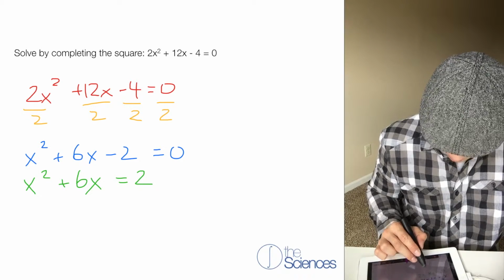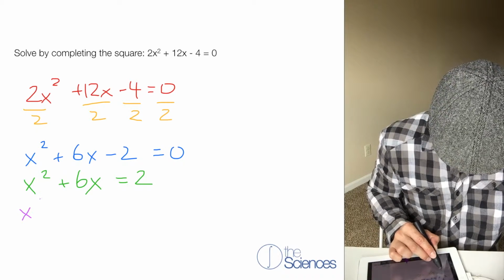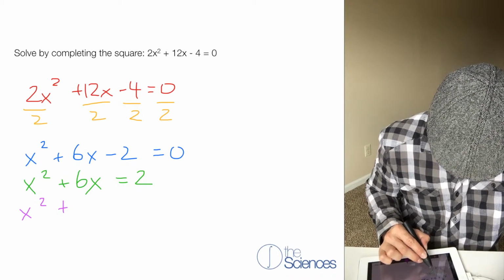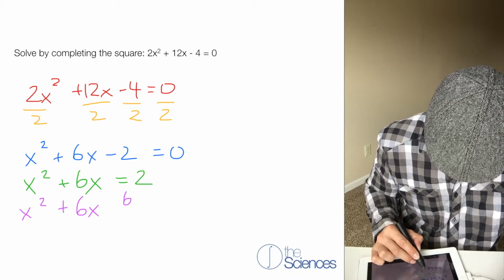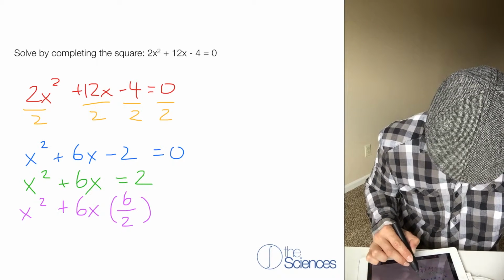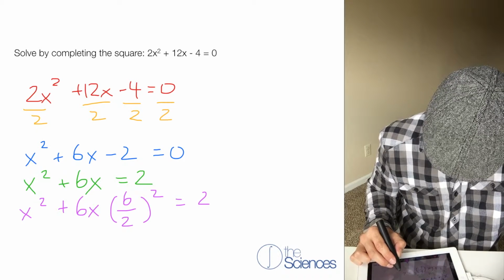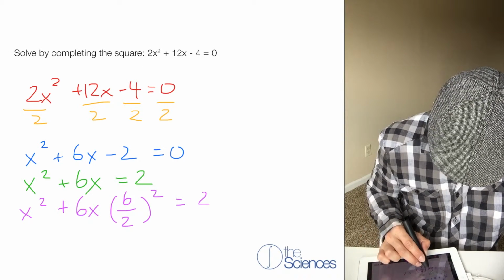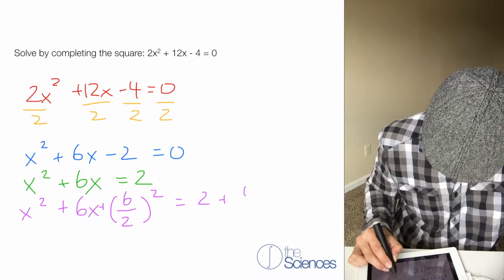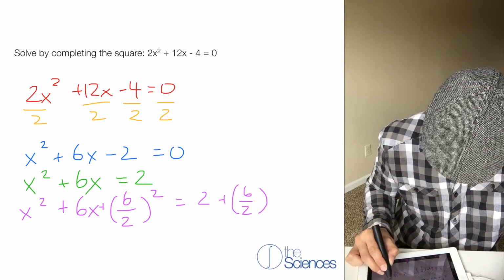Now we're going to add 6 over 2 squared to both sides.